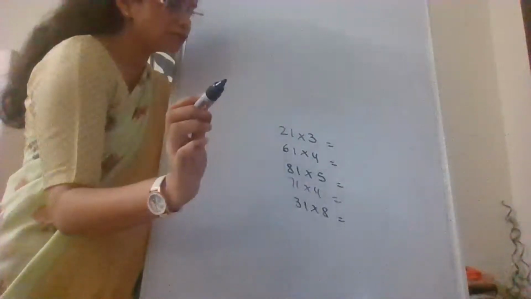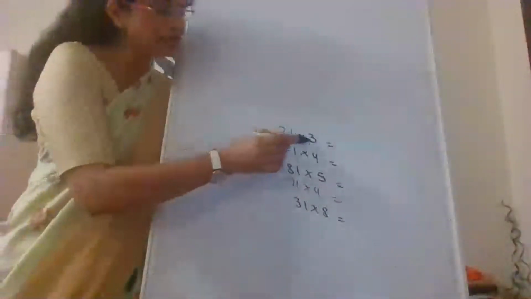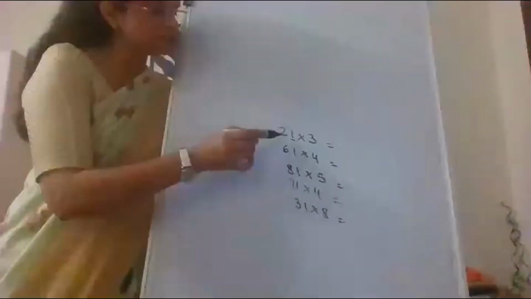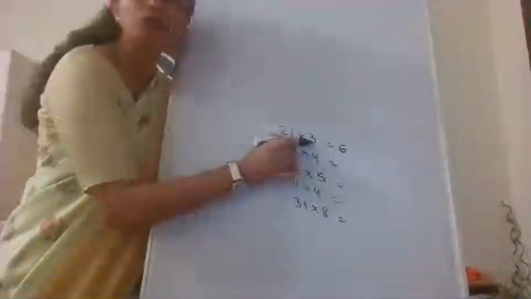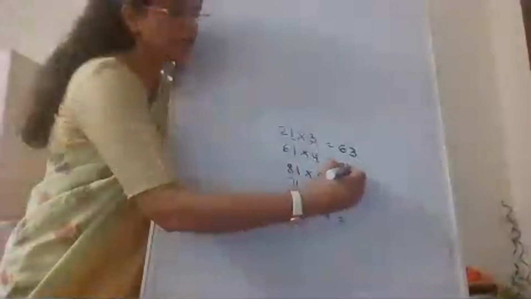Now what you have to do? Just look. Now here is 2 and here is 3. Your answer will always end with the number with which you are multiplying. So the answer is 63. Now what will you do here? 6 times 4 is 24. And your answer will end with this.